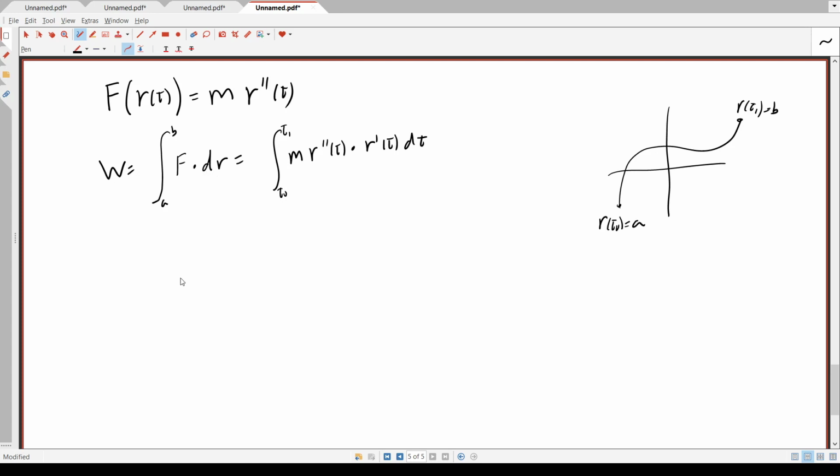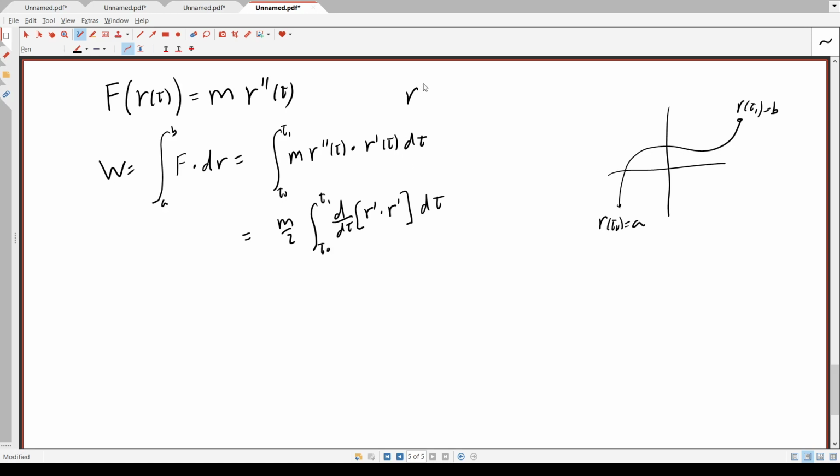That's what dr is. But this I can write as m over 2 integral from t0 to t1 of the derivative of r prime dot r prime dt. If you work the derivative out for this, you'll find that it's the same thing. You just use the product rule.